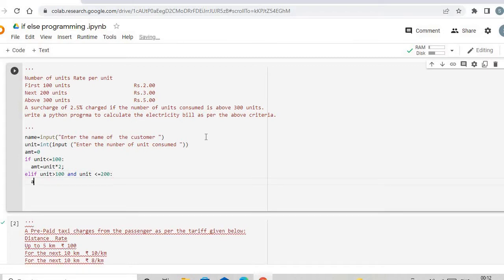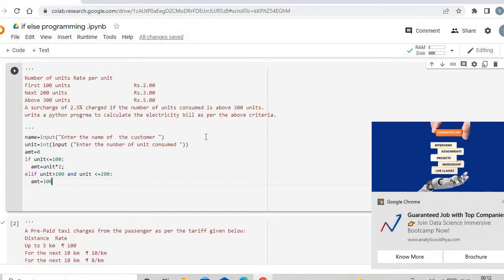colon. So what will be the calculation? Amount equal to 100 into 2 plus, unit minus 200, which should be kept in brackets, into 3 per unit.